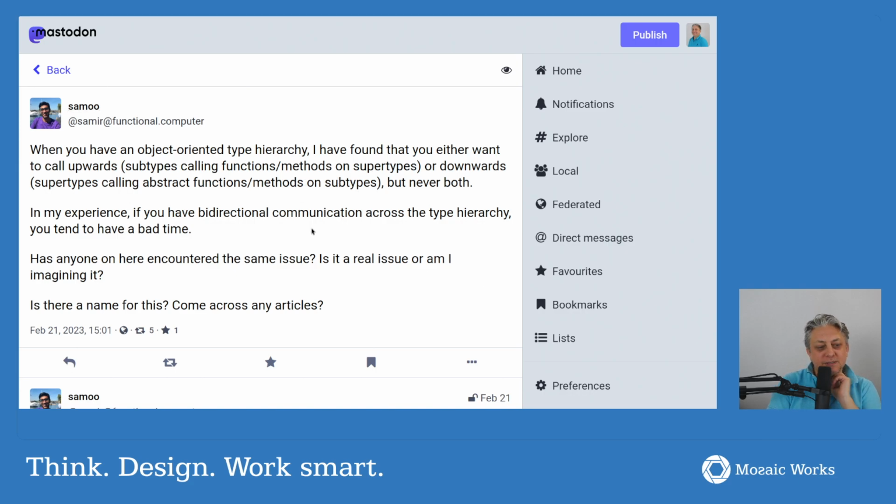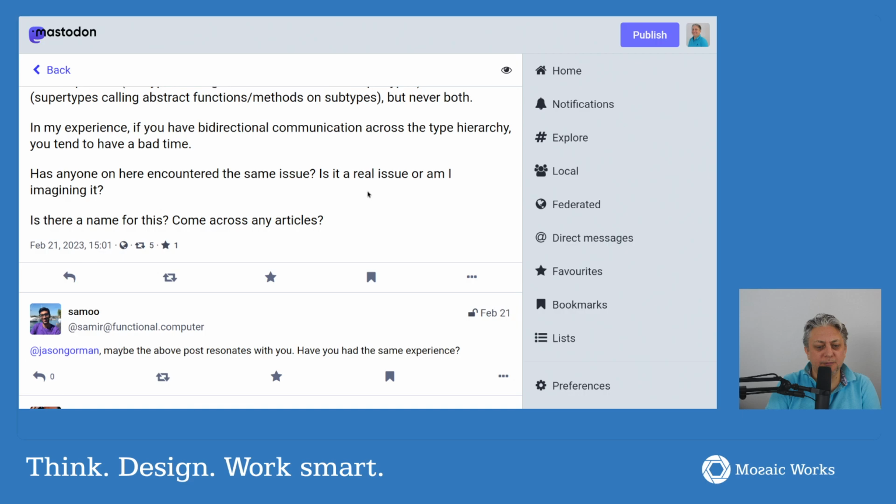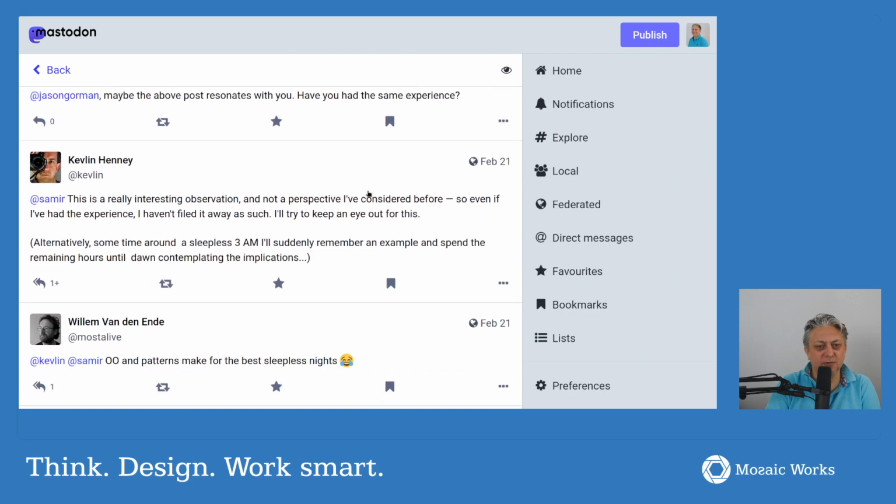Now, the interesting part is that on one hand we have a few design patterns that fit this. And I think my first instinct was to think about the template method pattern when I read this. But let's see.